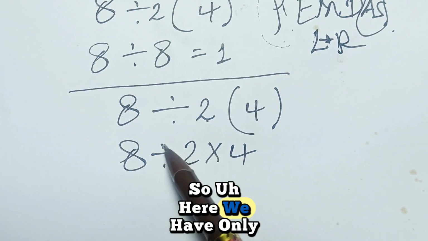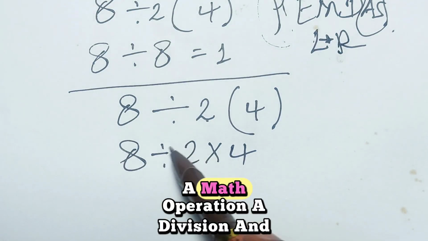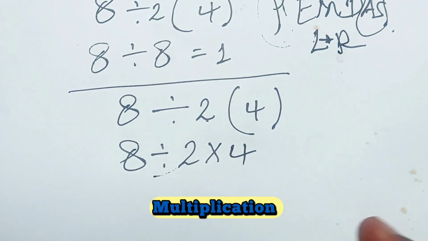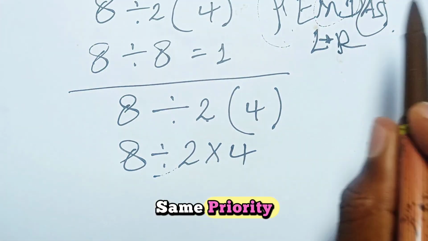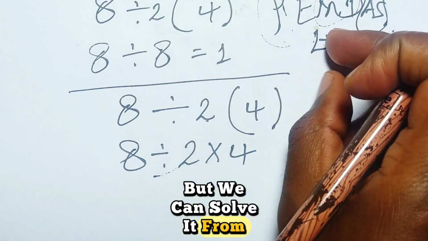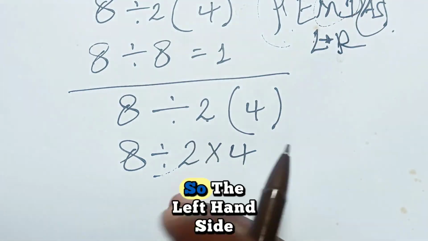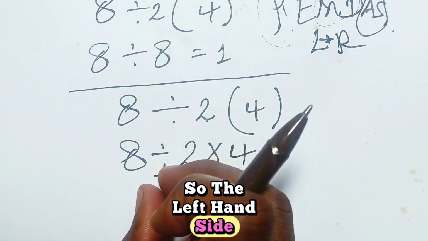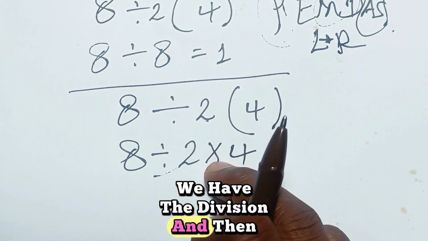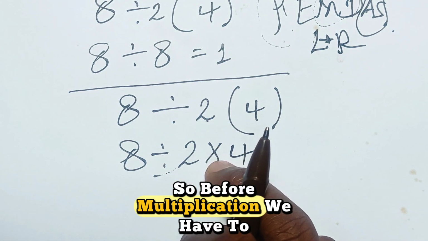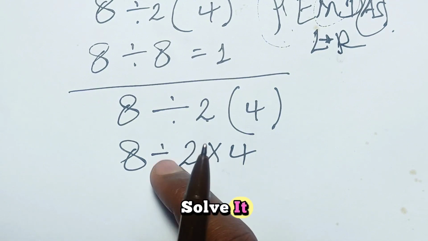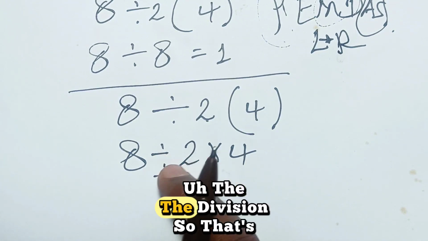So here we have only two maths operations, division and multiplication. Division and multiplication have the same priority, but we solve it from left to right. On the left-hand side, we have the division, and then we have a multiplication. So before multiplication, we have to solve the division.